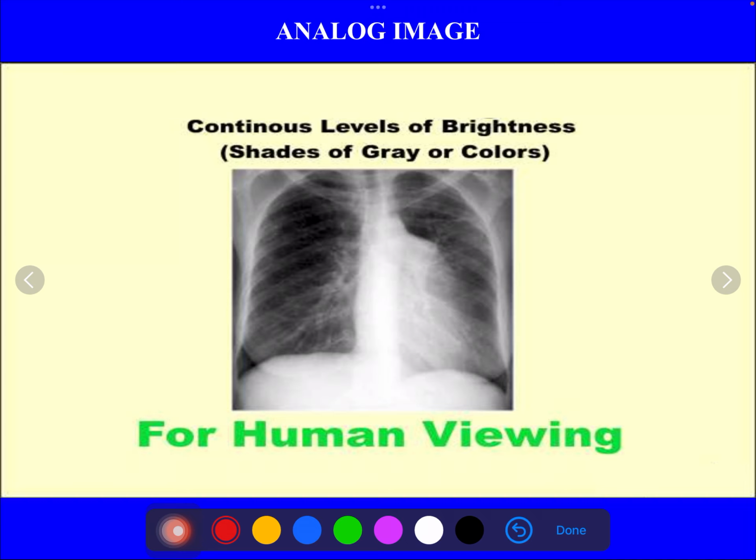Let us look at the analog image. Analog images consist of continuous levels of brightness or color. They are captured and viewed by human systems and represent smooth variation without discrete steps.